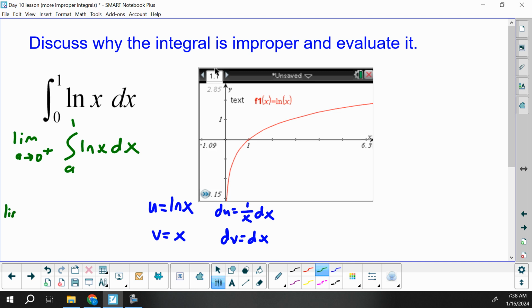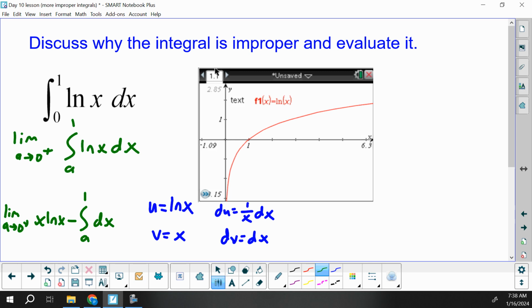So this becomes limit a approaches 0 from the right, our uv will have x natural log of x minus the integral of v du. The x times 1 over x wipe out, so we just have dx, and this is still a to 1.